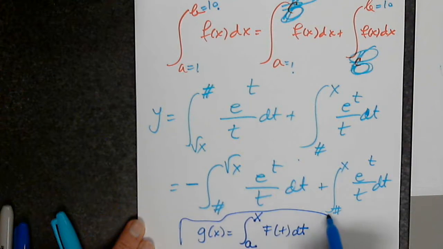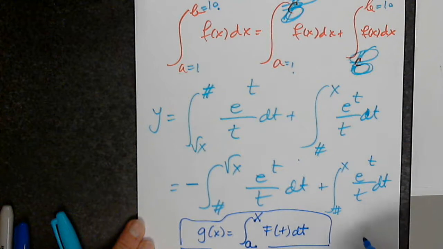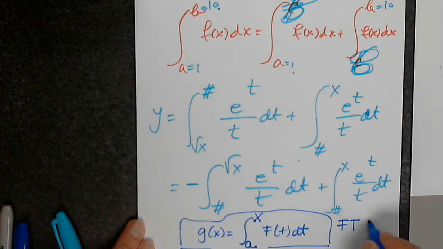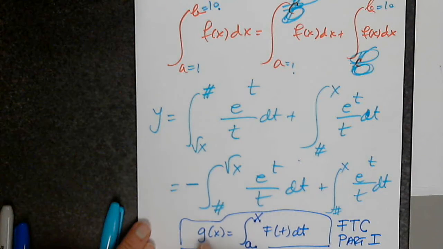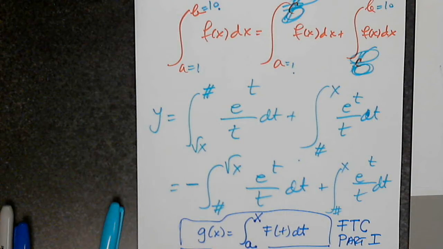This is the fundamental theorem of calculus part 1: a function given in the form of an integral. And this enables us to see that differentiation and integration are inverse operations.